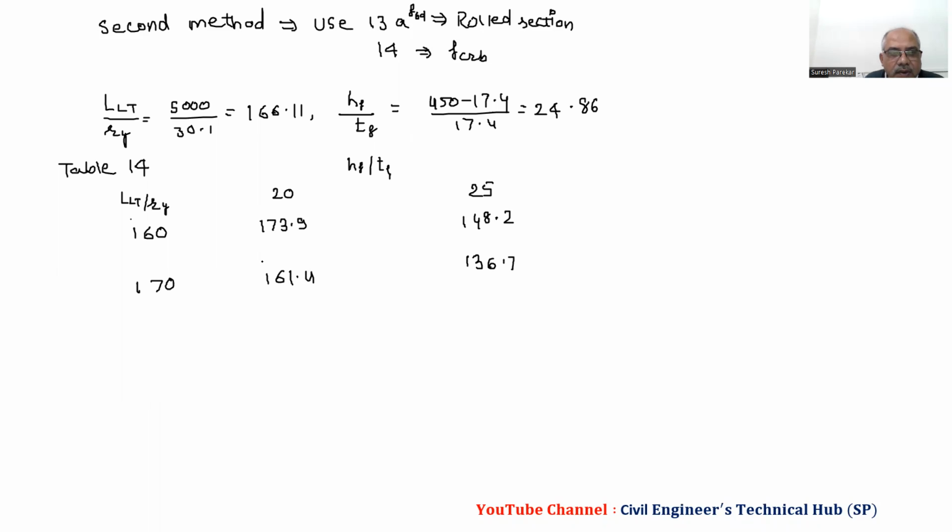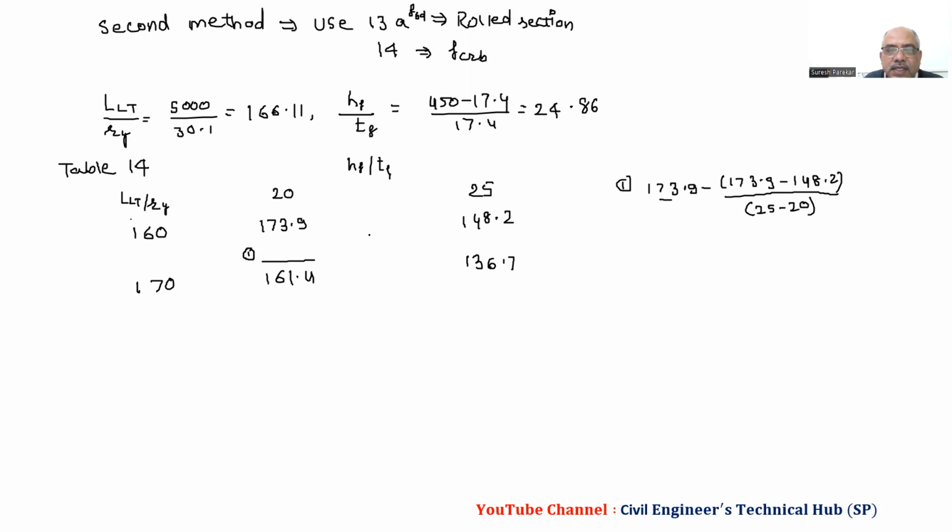Now first we will calculate this value. So I will write one number. One number value we will calculate in this fashion, that is 173.9 minus, because it is a reduction, 142.5 divided by 25 minus 20.